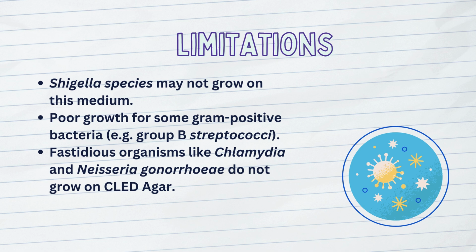Let's say, for instance, you do your analysis and you inoculate on both a CLED Agar plate and a blood agar plate. You might not see any growth on the CLED Agar because group B streptococci might not grow well, but you may see growth on a blood agar plate. Also, fastidious organisms such as Chlamydia and Neisseria gonorrhoeae will not grow on CLED Agar.